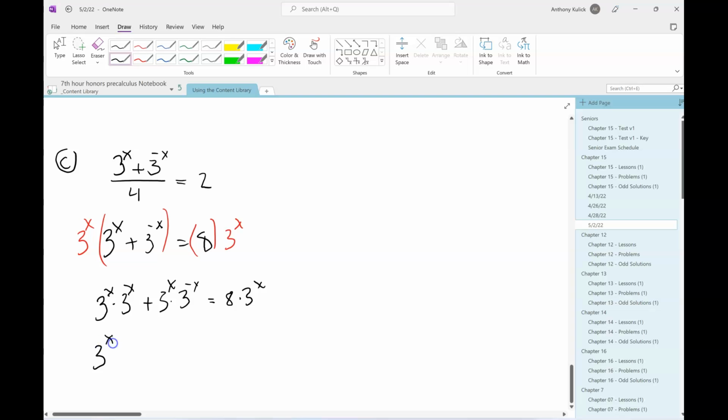So when I have an exponent times an exponent where the bases are the same, we add the exponents.